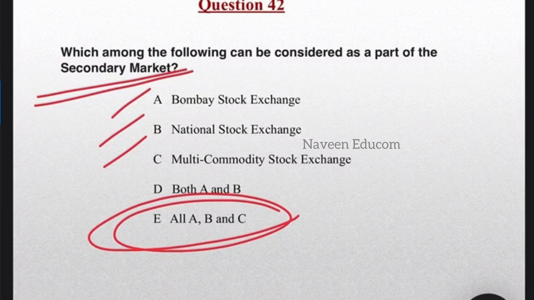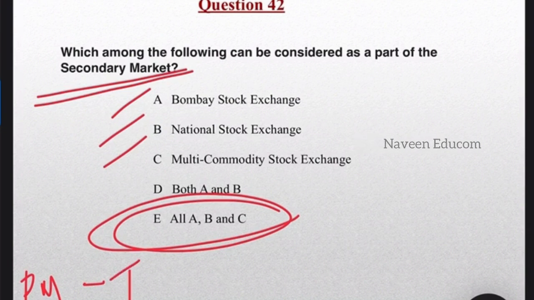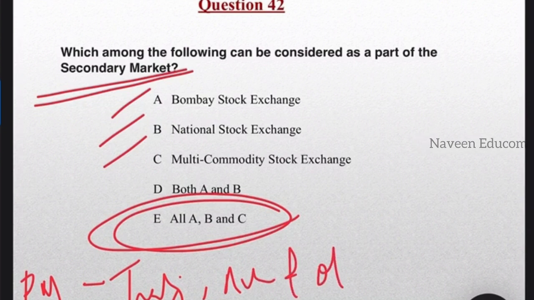The explanation to the question is the secondary market deals with the exchange of existing or previously issued securities in India. On the other hand, the primary market is meant for trading and issuance of stocks and other securities.